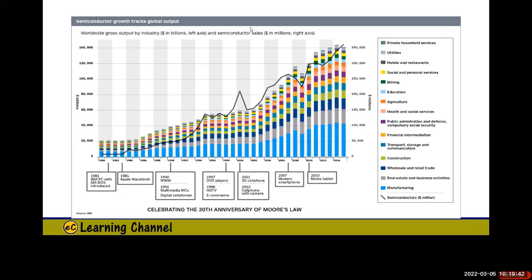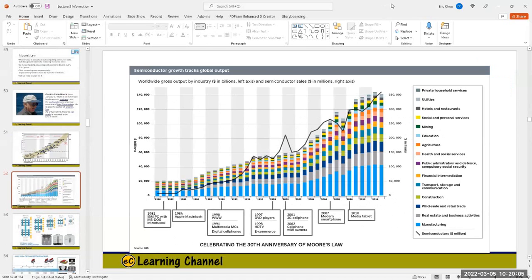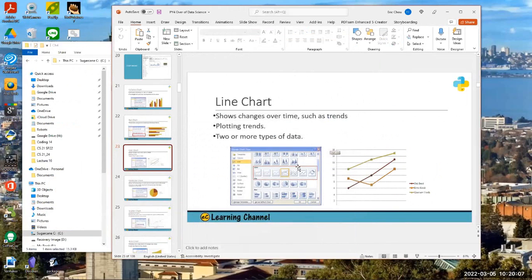By the line chart, we know our growth. By the black line itself, we know the growth, and by the color lines, we know the component of each department. So charting is very important. That will tell you what kind of data you want to present. So that's line chart.